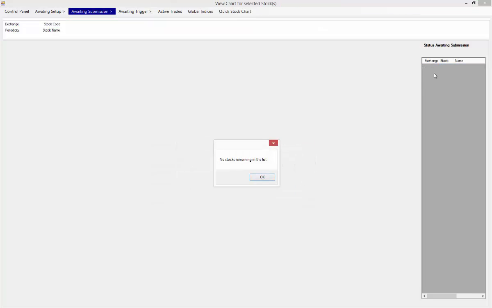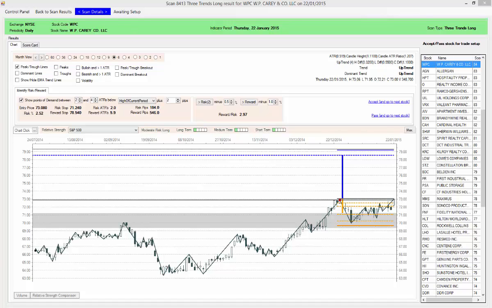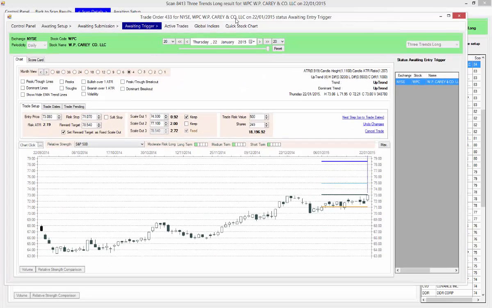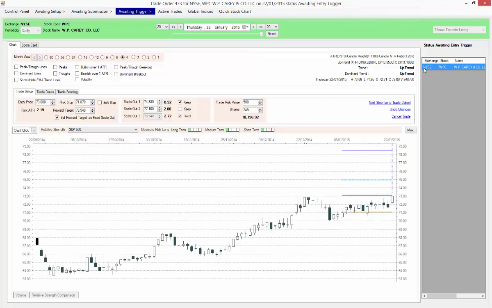The stock is removed from the list. There may be other stocks in this list, but that was the only one for the purposes of this demonstration. Close that. Have a look at the status awaiting trigger. And there is the trade there in an awaiting trigger status.